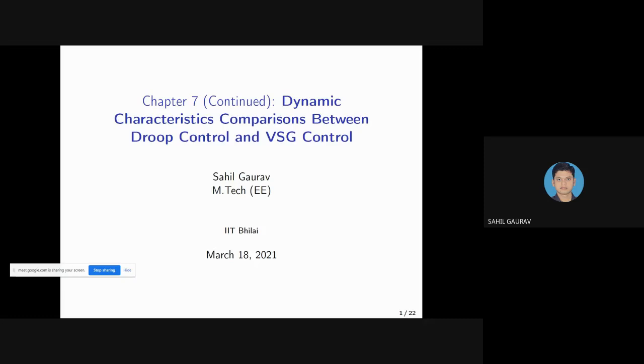We will also see the small signal models of both methods, that is droop control and VSG control, for the case of single inverter operation and that of parallel operation with a synchronous generator. And we will also calculate theoretical step responses of frequency change in order to understand the inertia effect caused by the virtual inertia. So let's go.